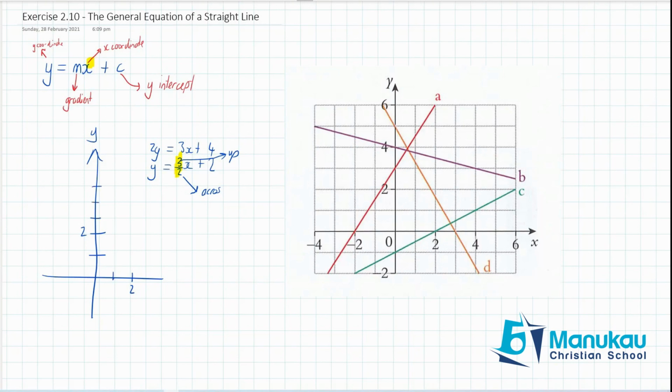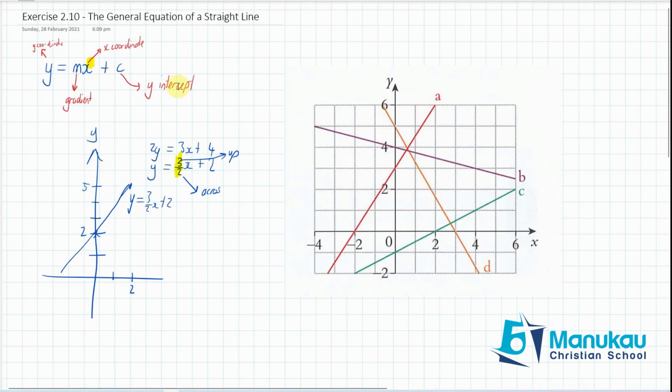So if we're going to cross at 2, then by the time we get to 2, we've gone up 3. So this would be a gradient of 1.5. So every 2 squares you're going to go up 3, which makes sense, right? 1.5 times 2 is 3. So that would be this one: y equals 3 over 2 x plus 2.